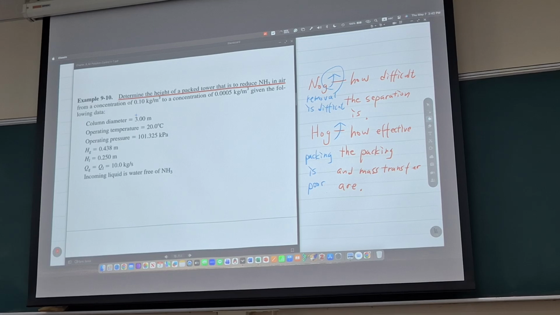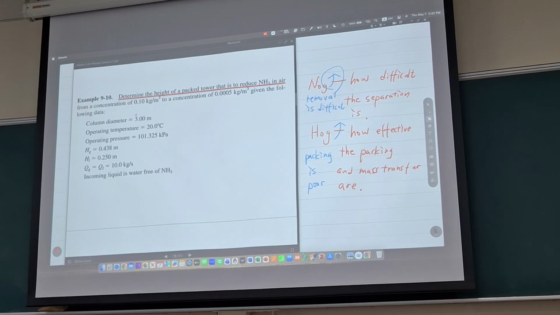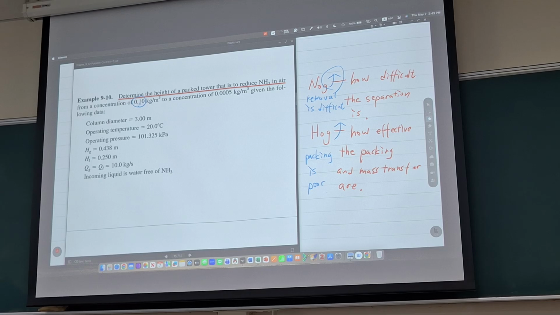In this question, we are asked to determine the height of the packed tower. The purpose of this packed tower is to reduce ammonia in air from a concentration of 0.1 kilogram per cubic meter, from this to this.